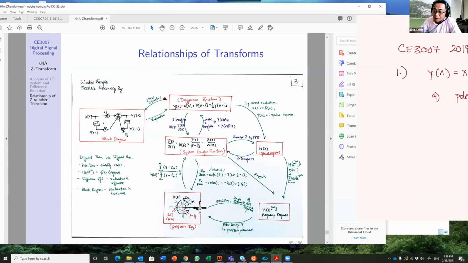To reach here, you must follow the arrows. You must convert the difference equation into the system transfer function, which is H(z). And then from the system transfer function, you'll find the poles and the zeros, and you can draw H(z). Okay, let us now try to do this.